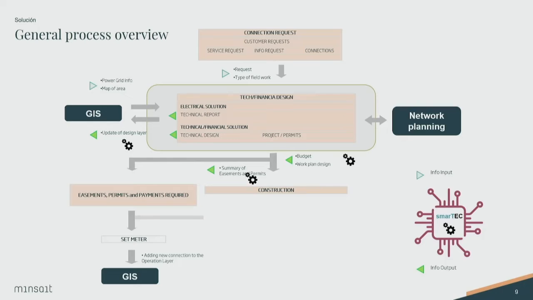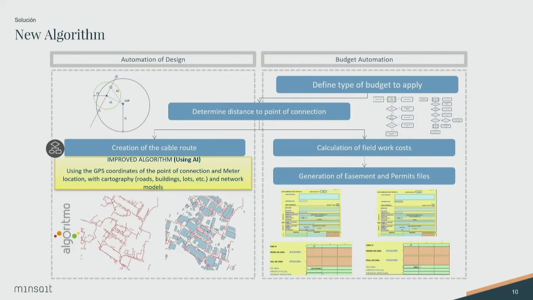And then, of course, this part here is the physical part to build the project. In more graphical terms, what do we mean by automation design? This is the creation of the cable route. So where the cable, the conductor, if it's an overhead, if it's an underground cable, what it has to pass. We take the existing line, the existing cartography, right, and we just design the new piece of cable where the cable is to pass.